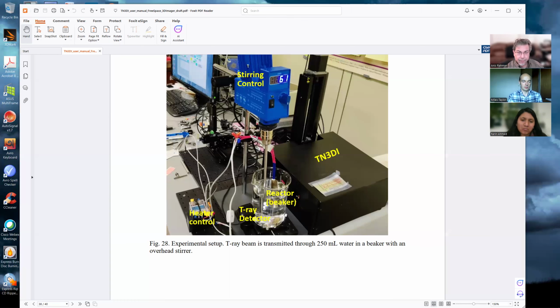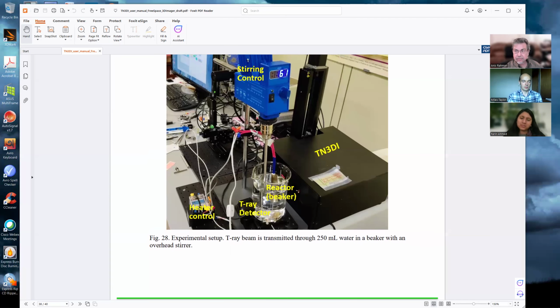For example, the liquid in this beaker is actually a simulated stomach fluid, meaning that it's a 1% hydrochloric acid solution. And then there is a heater, the red thing, a cartridge over there that controls the heat, because stomach fluid is usually at, what, 97 or 98 degrees or so.